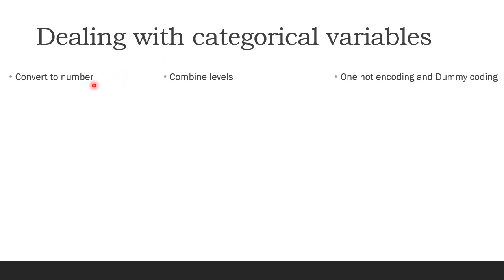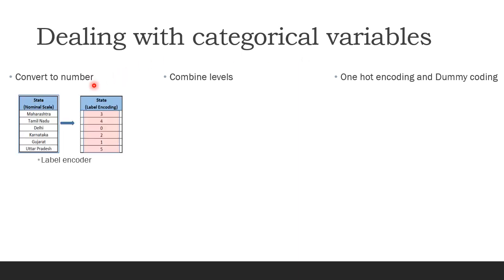So one way would be to convert these variables into numbers. How? For example, we have a database wherein there is a state for a customer doing a transaction. This is done from a particular state. Let's say an e-commerce company is trying to decide whether to include state in their model to understand the sales for a particular segment of items.